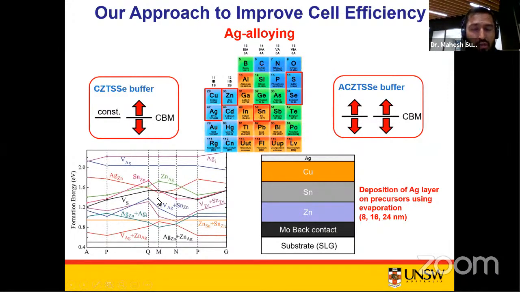Several approaches have been reported to improve this VOC deficit and the band tailing characteristic. The first is precisely controlling the compositional ratios, such as copper over zinc plus tin and zinc over tin, as well as the annealing conditions like temperature, time, and the initial stage pressure, as well as different additives such as tin, because tin is usually easily evaporated during the annealing process.